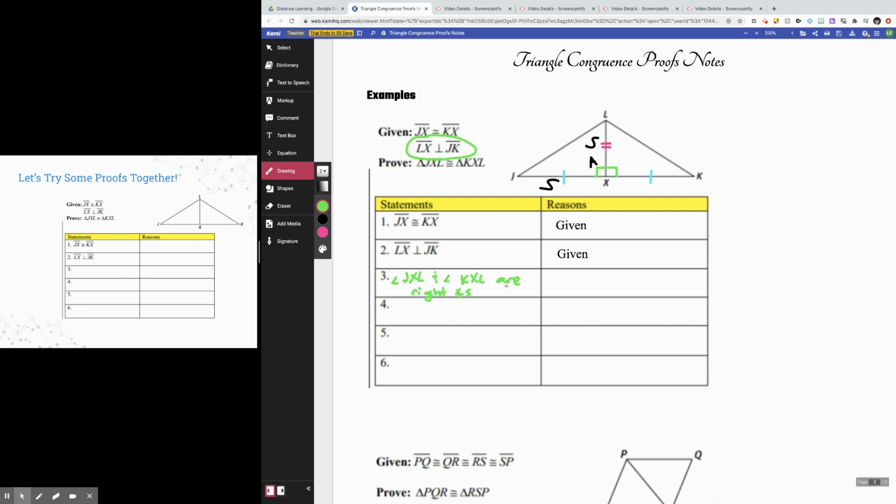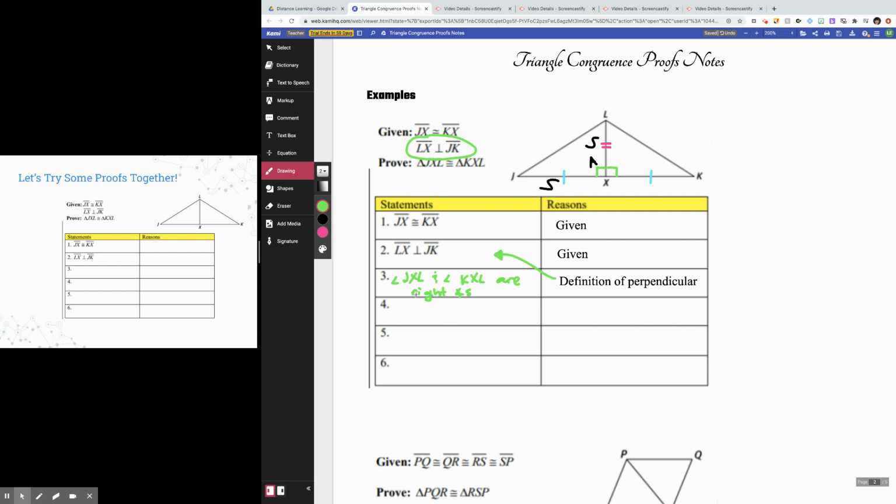Okay, we can't just jump and say that they're congruent. We first have to establish that they are right angles. The reason for that is the definition of perpendicular. So we're using the information from the previous step to justify our next step here.